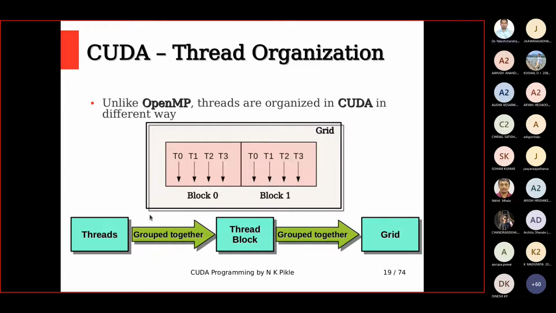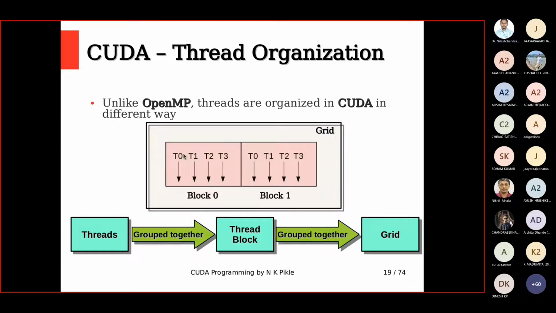Fine. Now, one more important point to notice here is, you can see I have thread number 0 here, and thread number 0 in block 1 also. Thread number 1 in block 0, thread number 1 in block 1 also. So the meaning is that the thread IDs are local to the block, right? And in case of block 1 also, thread IDs are local to the block.